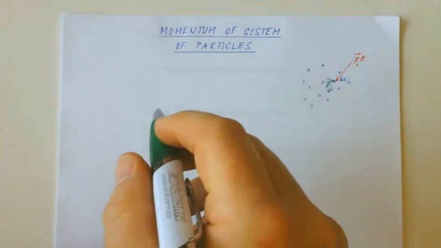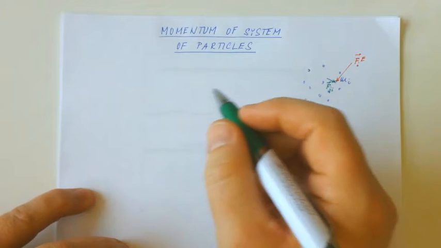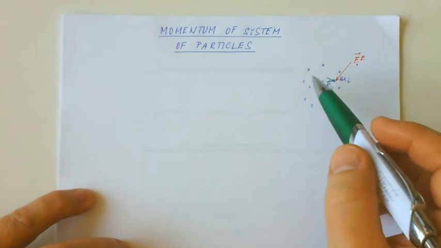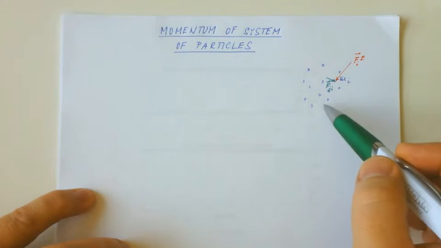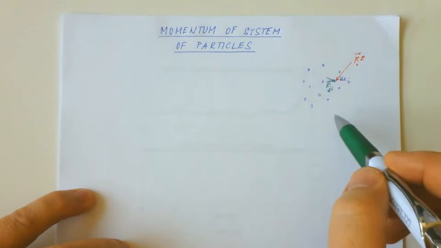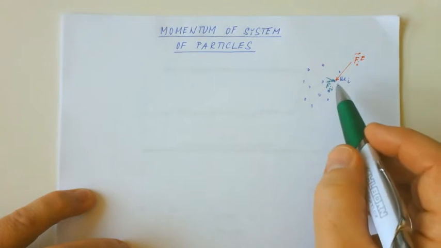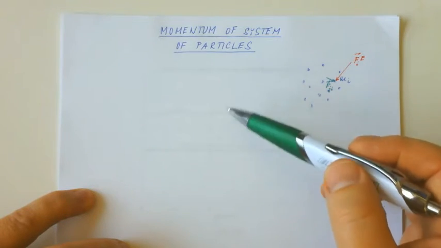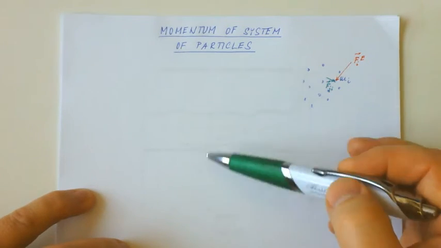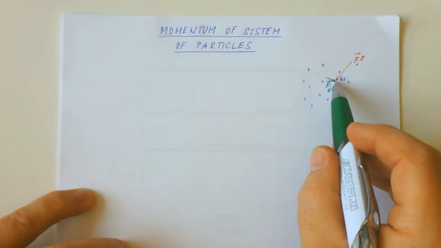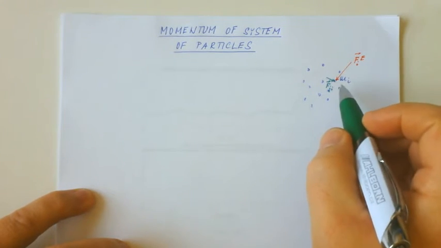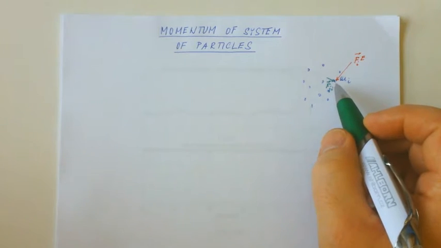Momentum of system of particles. So still we consider the same situation. We have a system of particles. It means many particles, and for further subsequent deriving of equation we can select one point, a representative point from the system.